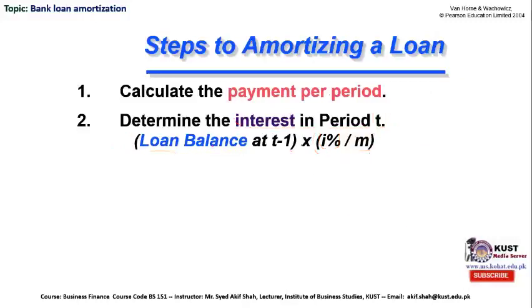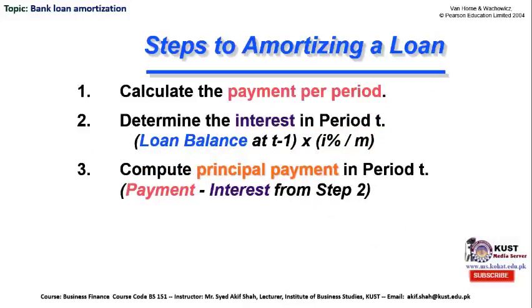The third step to amortize the loan is to compute the principal payment in the current time period T. The equal annual installment which is going to be paid by Julie Miller to the bank will remain the same payment, which comprises the principal reimbursement along with a certain number of dollars as interest payment.